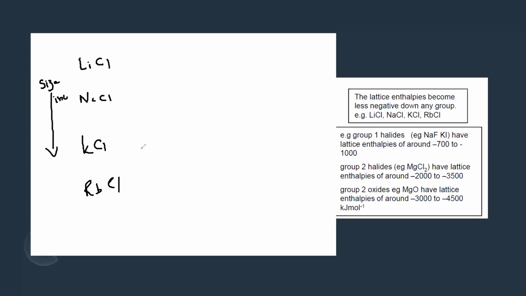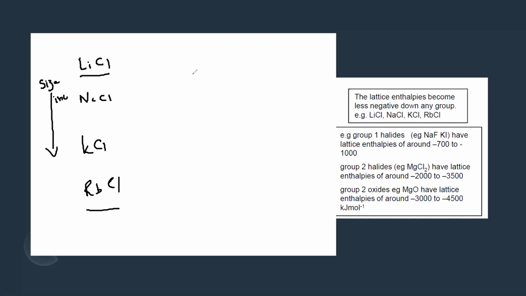do you think will have the higher lattice energy? Lithium chloride or rubidium chloride? Which compound will have a higher lattice energy? So lithium chloride will have a higher lattice energy.